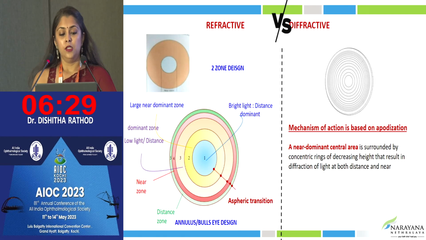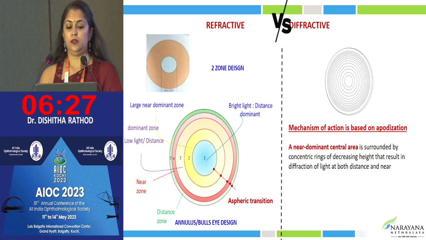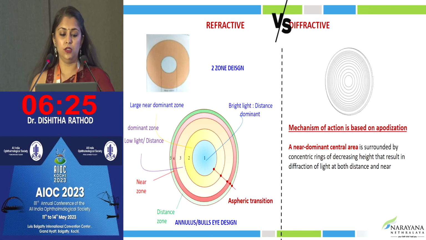So coming to the design of each of these, refractive IOLs, the initial design was a two-zone design in which the outer ring had the power for distance and the inner had power for near. Now the limitation of this was in bright light, obviously, when the pupil constricted, distance vision was blurred.